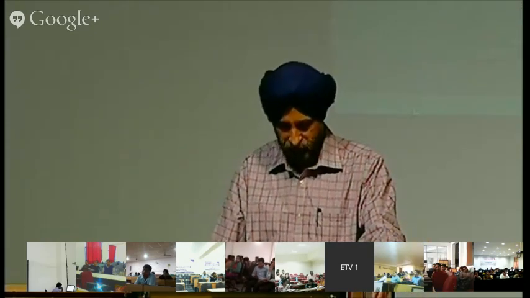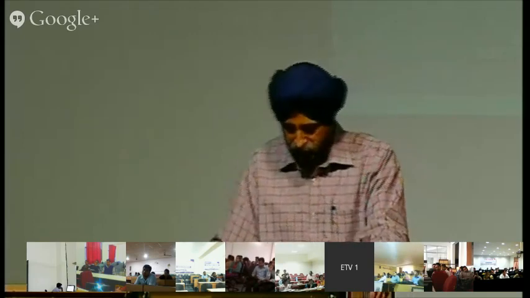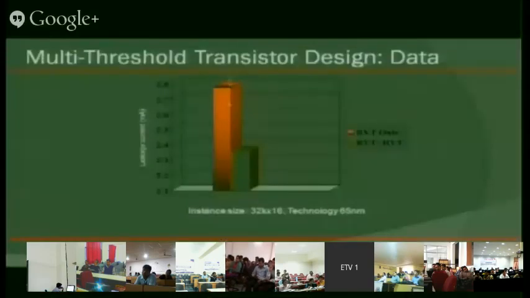This is one example of the technology: a memory of size 32K into 16, where 16 are the data lines. The technology is 65 nanometer. This side is the leakage current, in milliampere.